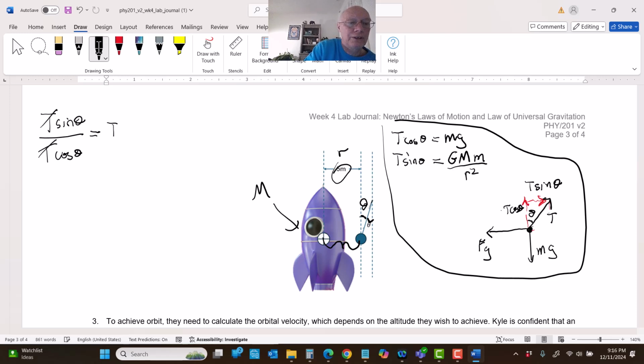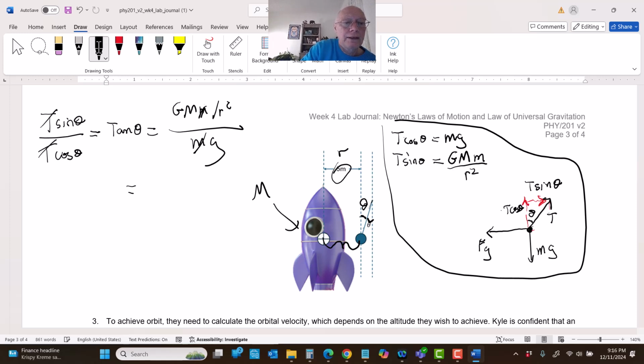That's just the tangent of the angle. And then I'm going to have GMm over r squared, divided by mg. So I'm actually dividing the bottom formula by the top formula. And that little m cancels out there.